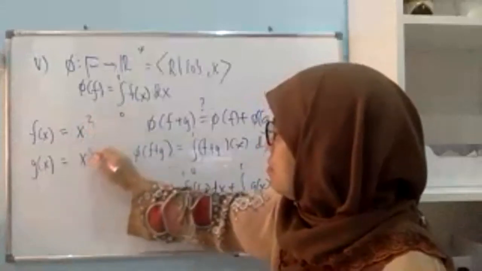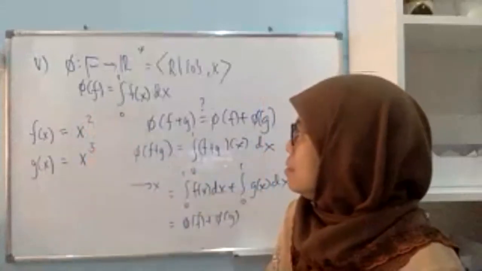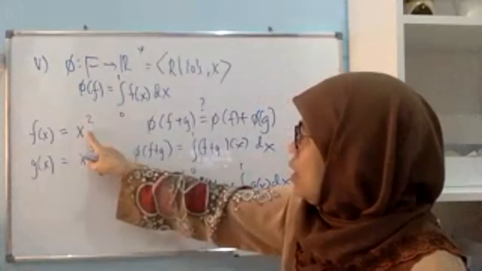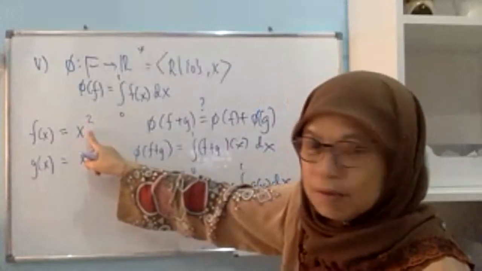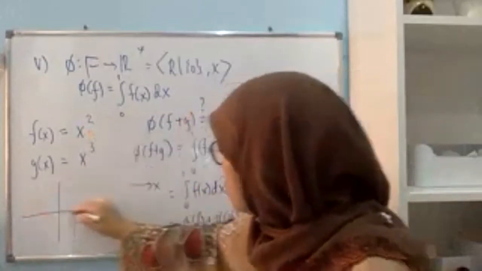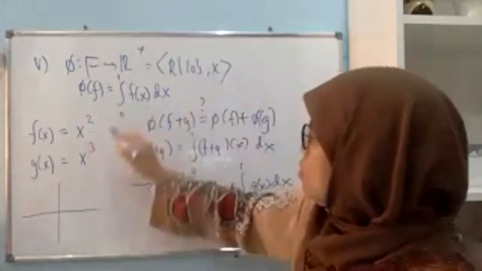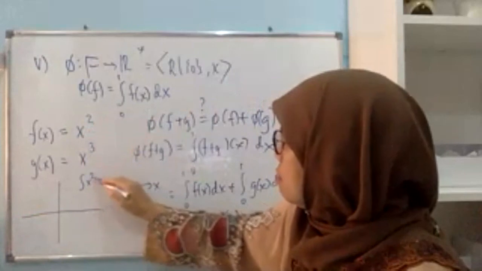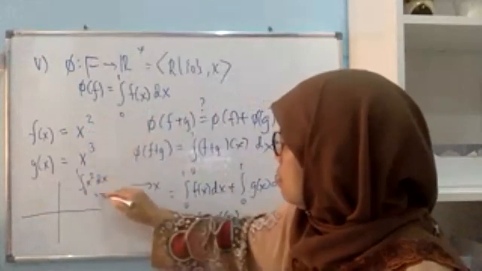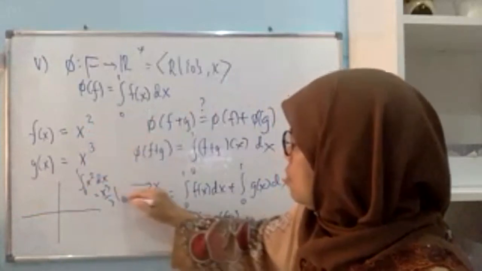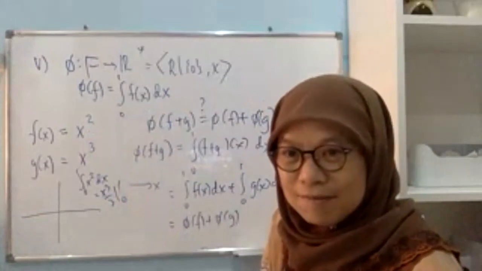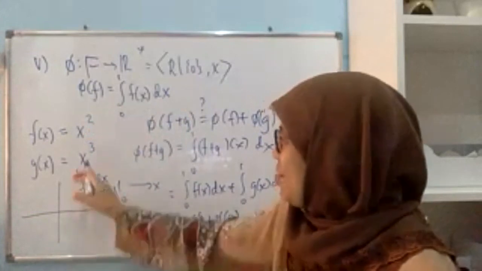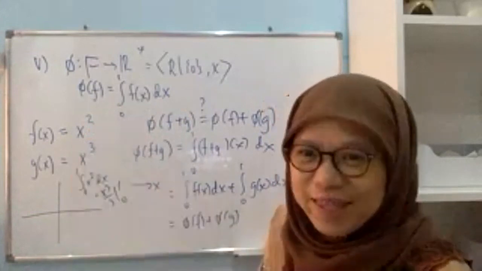This one we will have x cubed over 3, you integrate, x cubed over 3 from 0 to 1. The answer is 1/3. For the other, the answer is 1/4. They are not the same.